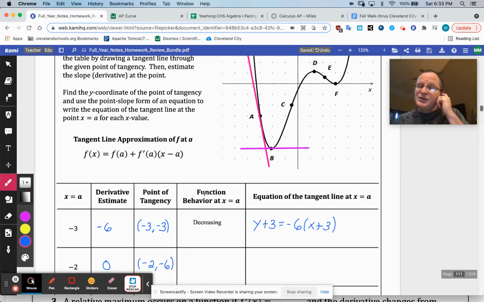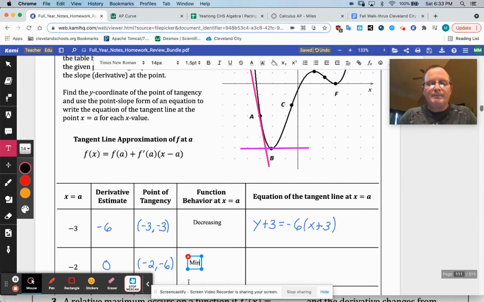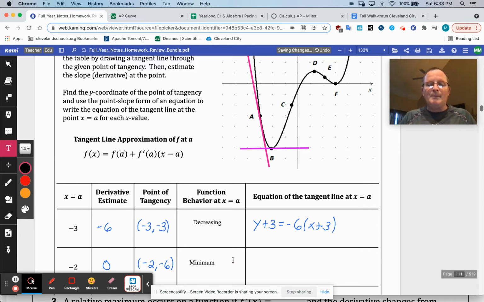Okay, and the behavior of the function at x equals -2 is a minimum. Now it's a relative minimum, but I'm going to put minimum anyway. All right, so we have a minimum there, and then our equation has a slope of 0. So there's no sense putting anything over here.